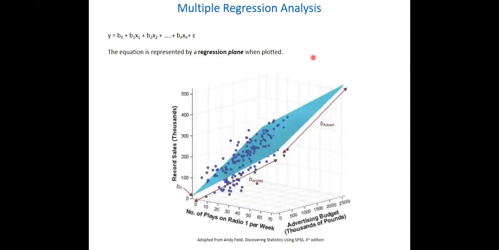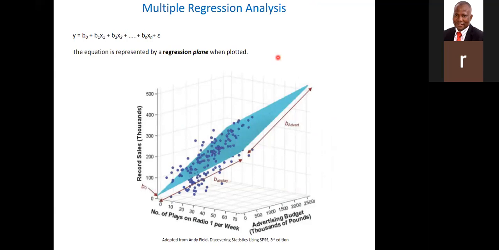Now, somebody was asking in the last lecture: when you are doing multiple regression, is it good to do the scatter plot? Most of our packages don't have a three-dimensional graph for us, so that doesn't make sense.